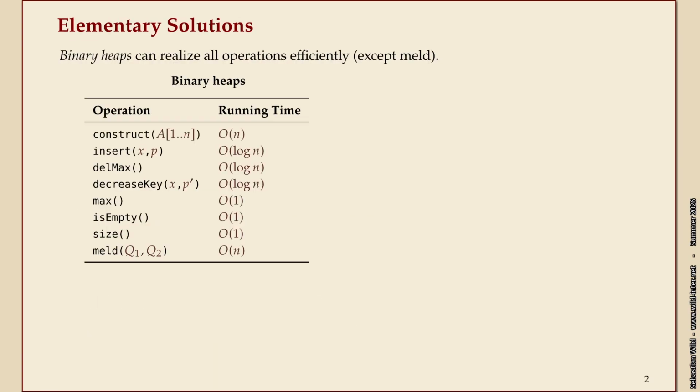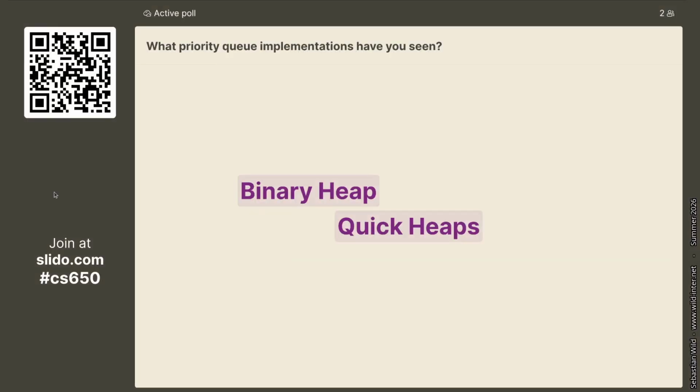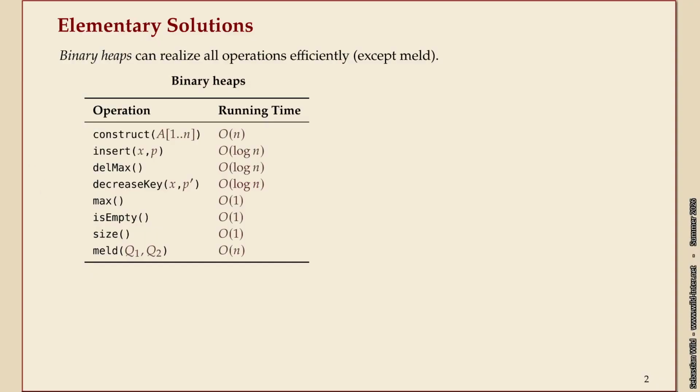At this point, maybe let me go back to the question. So people have seen binary heaps and quick heaps, which is cool. We'll come briefly to that in the LP heaps part. But don't worry if you haven't seen all of those. Binary heaps is the classic example that undergrad data structure courses include.